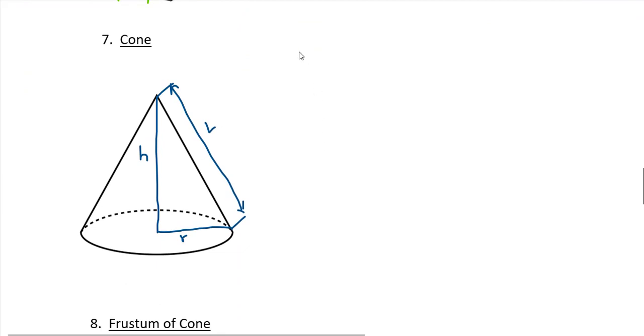So let us see how we calculate the total surface area in the case of a cone. The total surface area will be the sum of the flat surface area and the curved surface area. The flat surface area will be nothing but the area of the base, which is circular in nature. This will be pi r square plus the curved surface area.